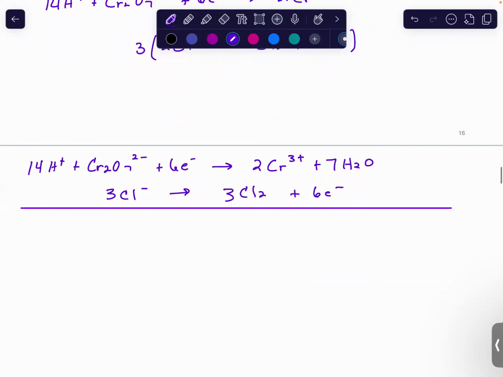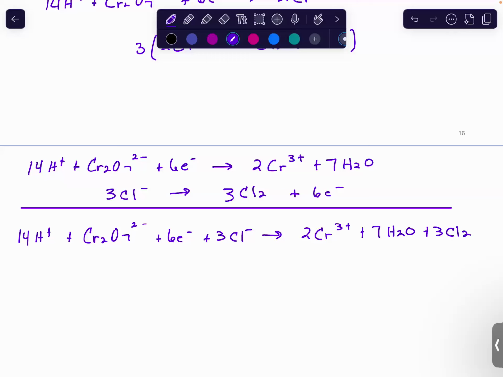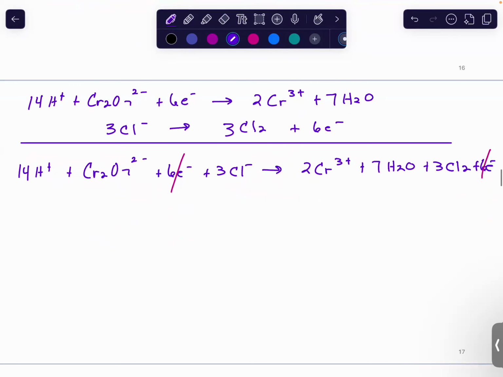All right, so let's bring everything down. All righty, so 6 electrons goes, and that is the only thing I can cross out. Nope, because you go from ions to compound.